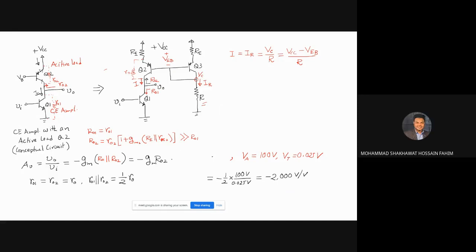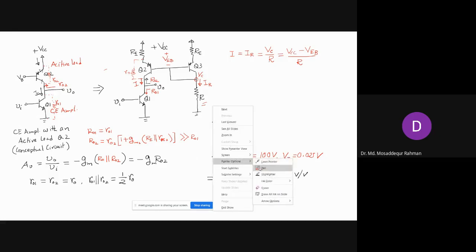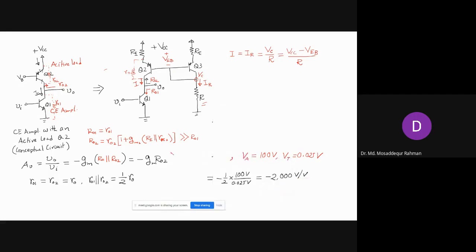Yes, sir. So that gain will be larger than what we had before, which was minus half gm r0, because this is now getting multiplied by this additional factor.